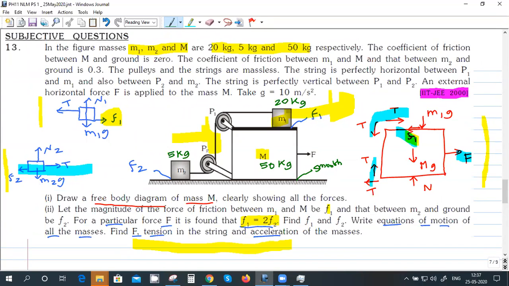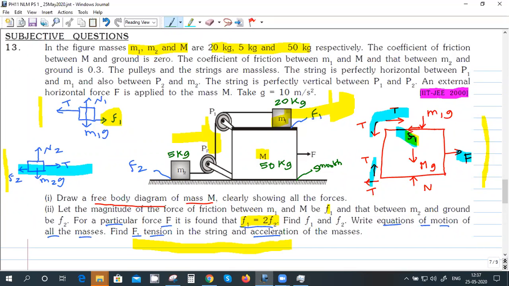F2 is, see, since there is slippage between the mass M2 and the ground, F2 is the maximum friction force, which is equal to mu N. Okay, F1 is not mu N because F1 need not be maximum. The friction force will be maximum when it has started moving.